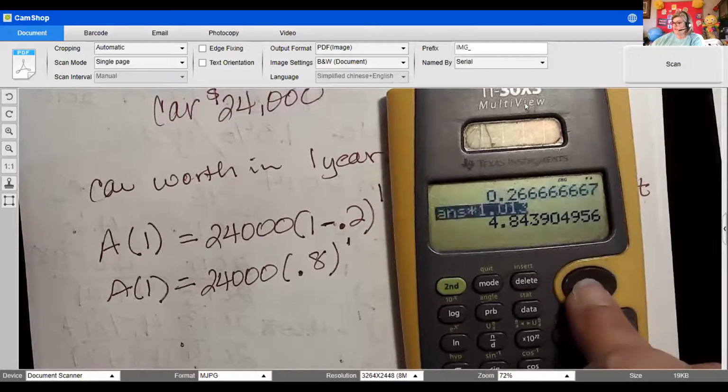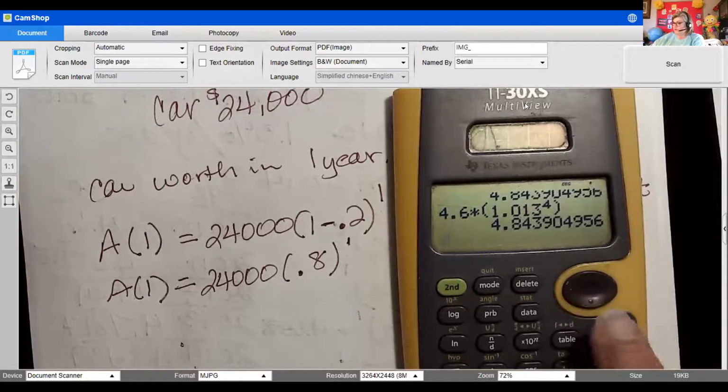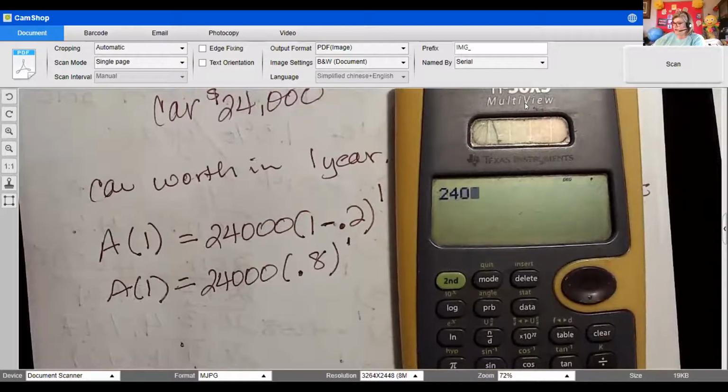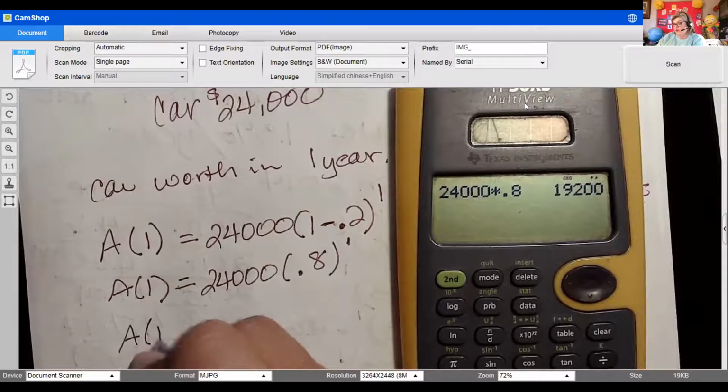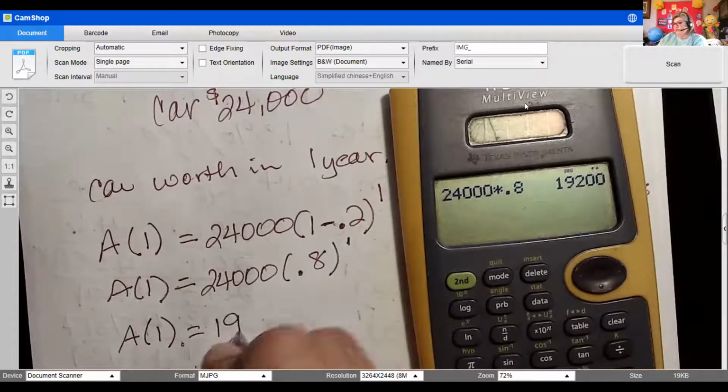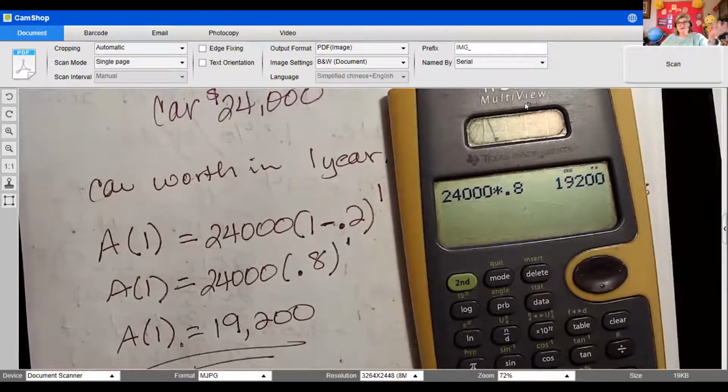Wow, there's a lot of stuff in there, so we'll clear. 24,000 times 0.8, and it's raised to the 1, so we don't have to do anything. It tells us that in 1 year, our car will be worth $19,200. So we should be able to sell our car for somewhere around that.